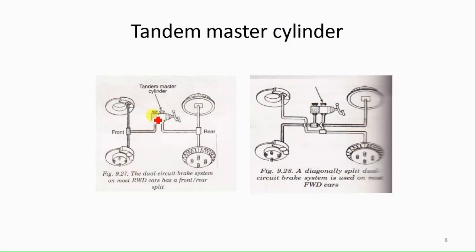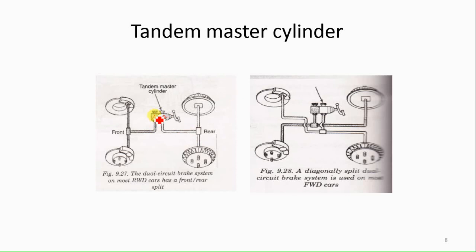Here you can see the master cylinder. Basically the name is the tandem master cylinder. Here the reservoir is divided into two parts. This one is part 1, and this one is part 2. There is one reservoir having two chambers. Each reservoir's fluid operates independently to provide the braking effort either for the front wheels or for the rear wheels.